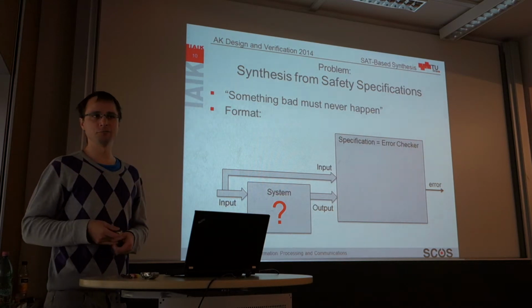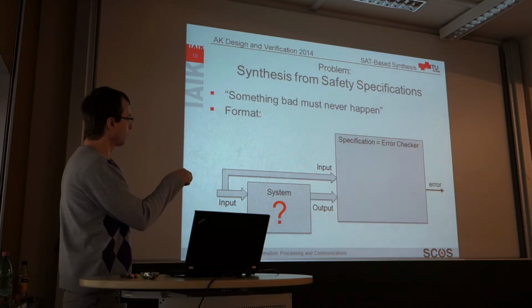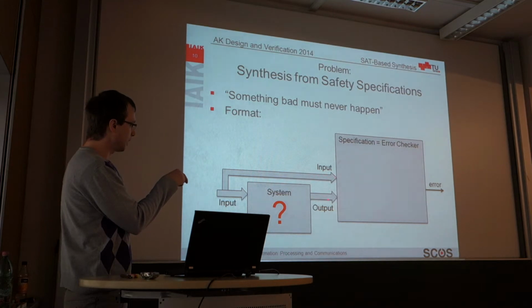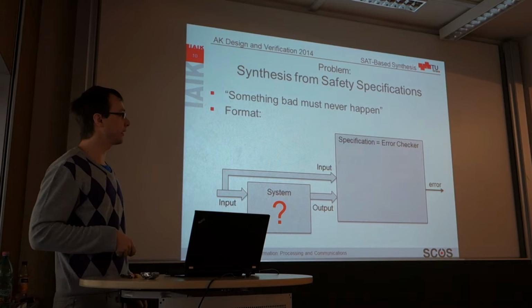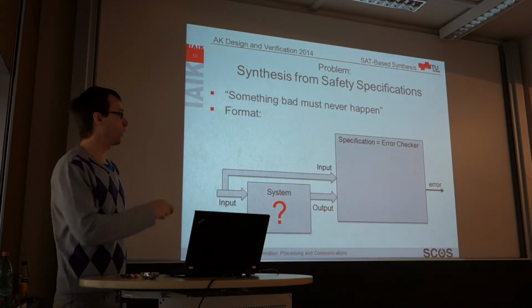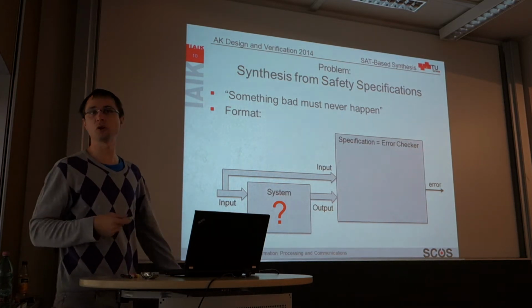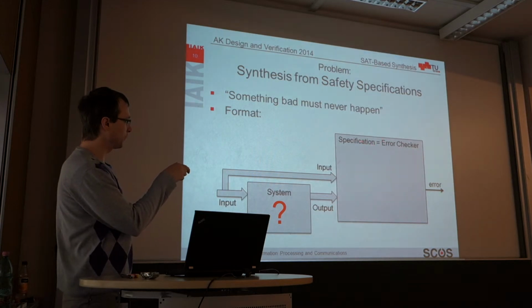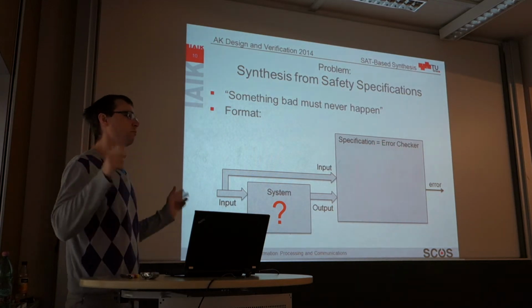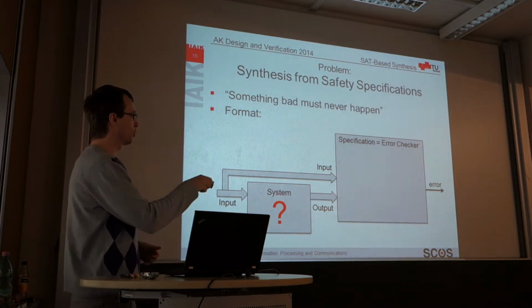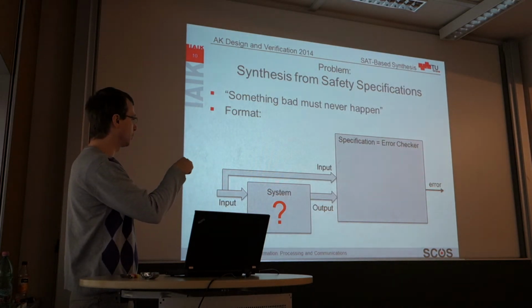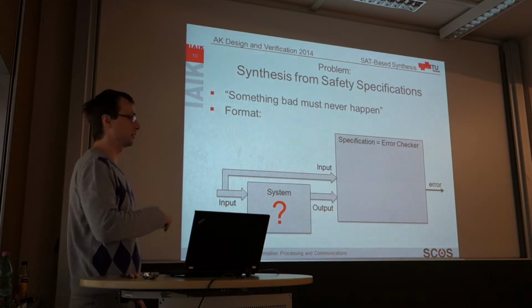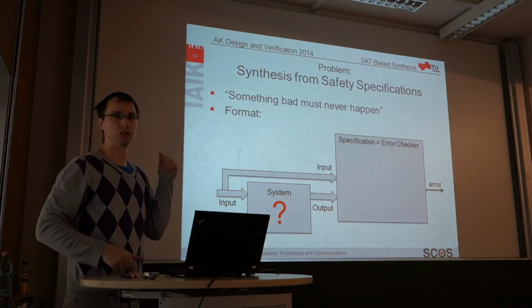It's basically kind of an error checker which observes the inputs and the outputs of our unknown system which we want to synthesize, and it decides whether this execution it sees here is okay or not. So our specification has only one Boolean output, which has the meaning of an error bit. And the meaning is that whenever this system violates its specification, then this error bit will go to 1.